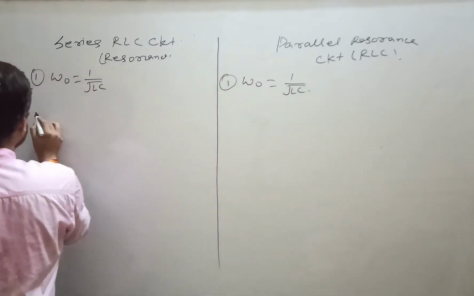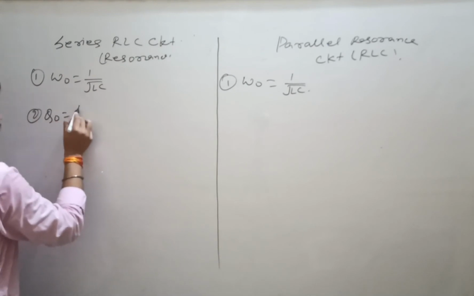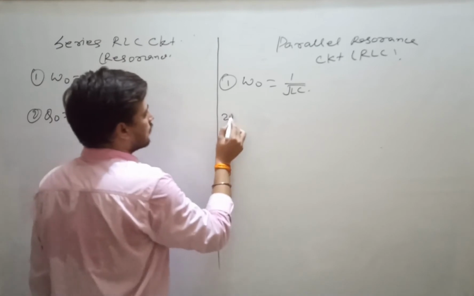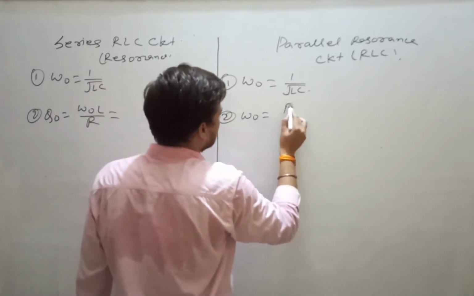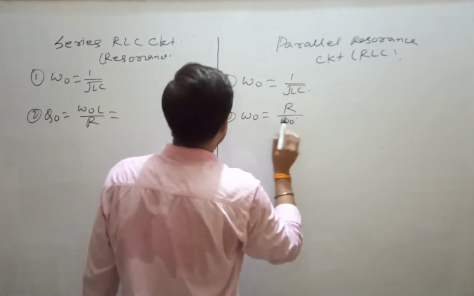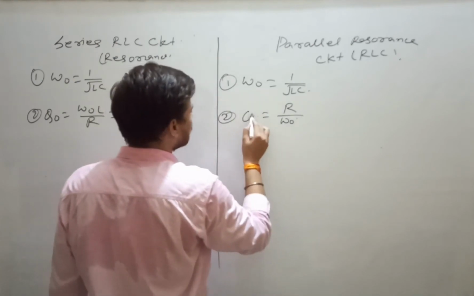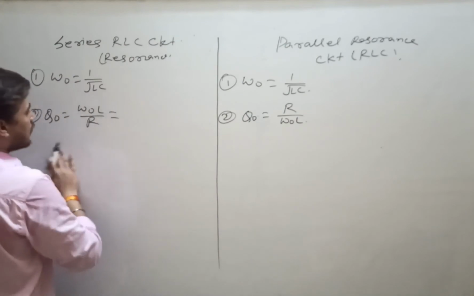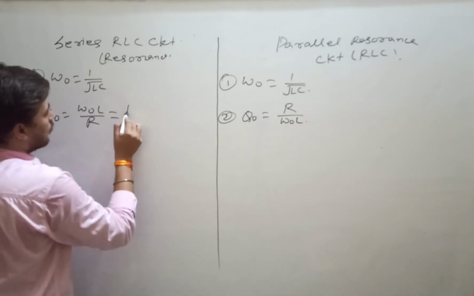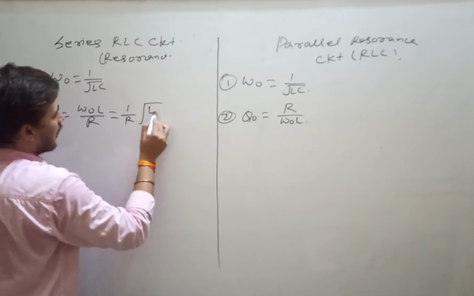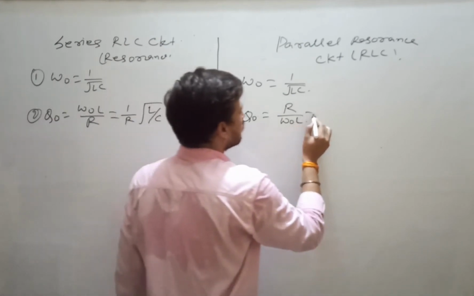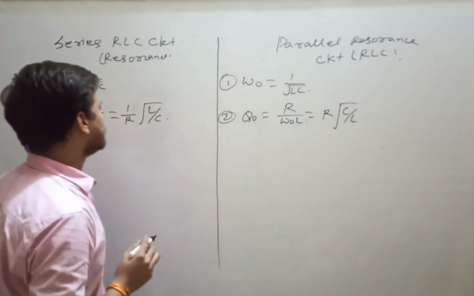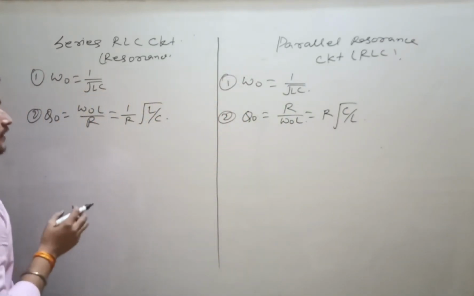Second thing you see, Q naught is equal to omega naught L upon R, which was also equal to 1 upon R under root L by C. Here it is equal to R upon omega naught L, which is R under root C by L. Clear?